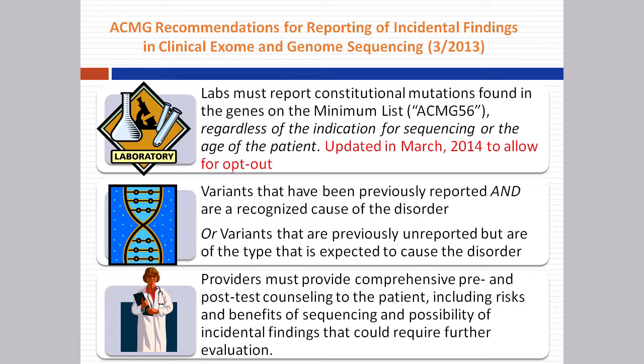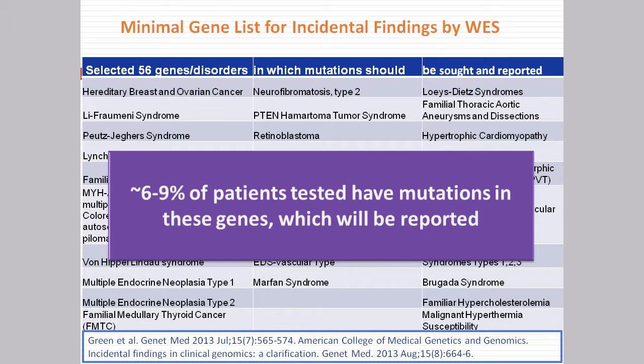So here is a minimal list of the 56 different genes. You see the disorders they are associated with, a large list of cancer syndromes, of cardiac disorders that might go along even with sudden cardiac deaths. So there are serious conditions in here. There was a big debate whether or not this is the best list or it can be improved, and the college definitely has made it a mission to review those genes regularly and to take suggestions of how to improve it.